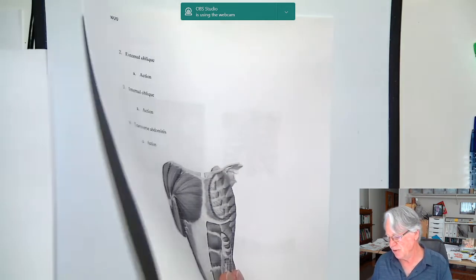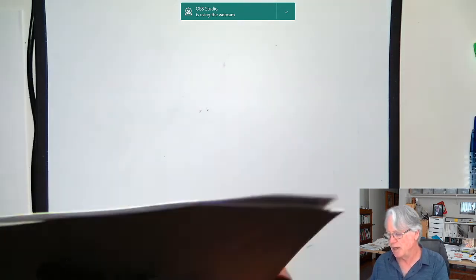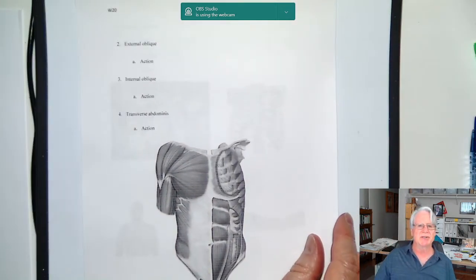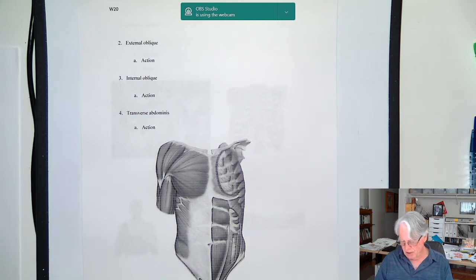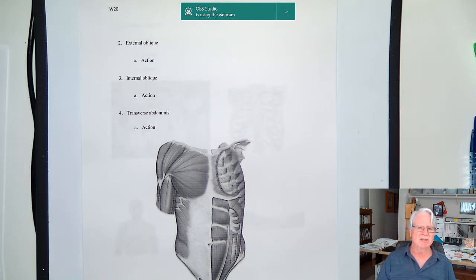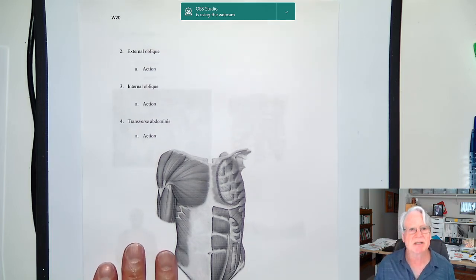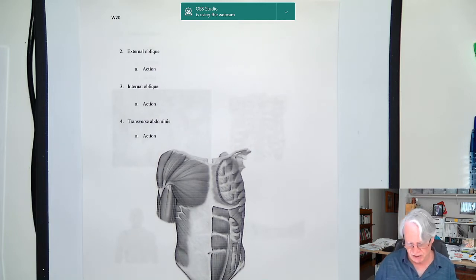So what I'm going to do now, though, is look at a series of muscles that are part of the trunk, but are not superficial, or most of them are not superficial in nature. So I'm going to focus on those, and that's going to be the end of this presentation. And then the next presentation will be the superficial muscles of the anterior and posterior trunk. And then the next one would be arms, and following that would be the legs.